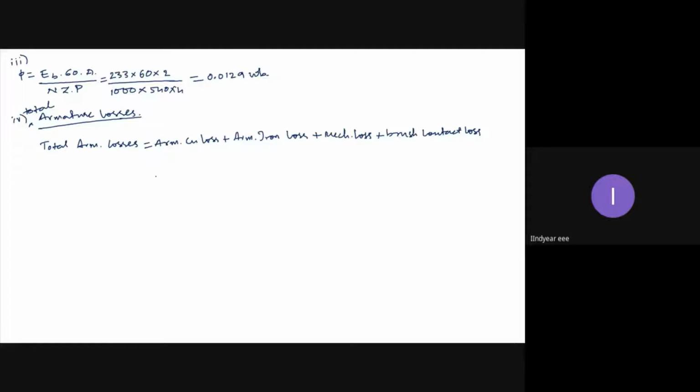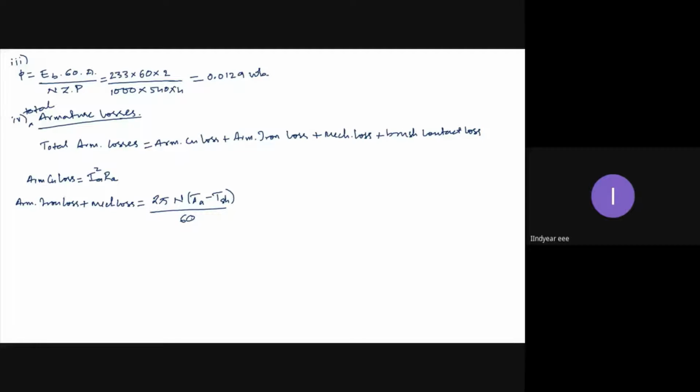Okay. So armature copper loss, it is simple. Armature copper loss is equal to I square Ra. And then armature iron loss plus mechanical loss is equal to, I can write it as 2 pi n (Ta minus Tsh) divided by 60.